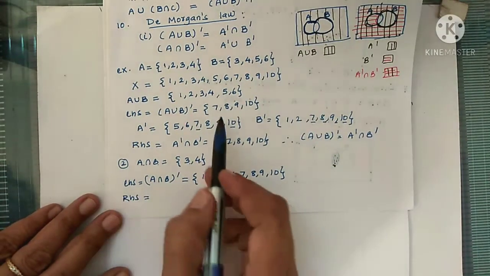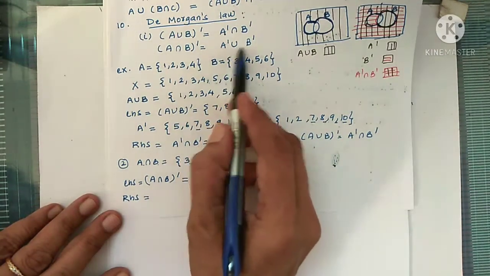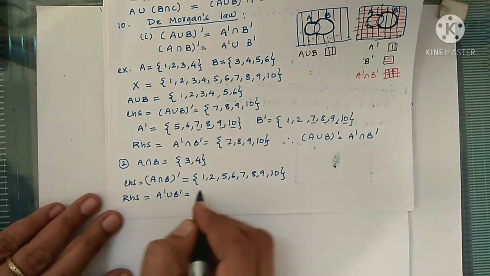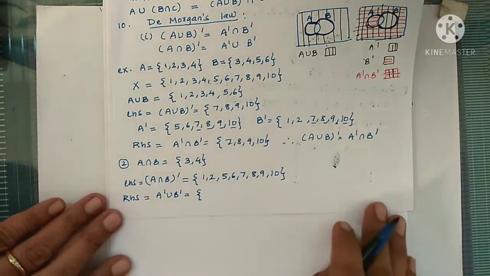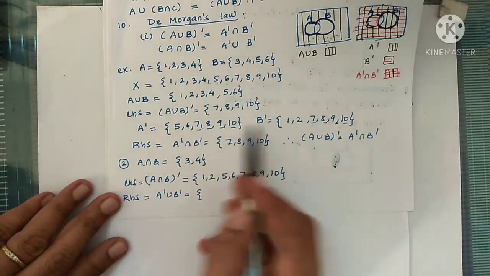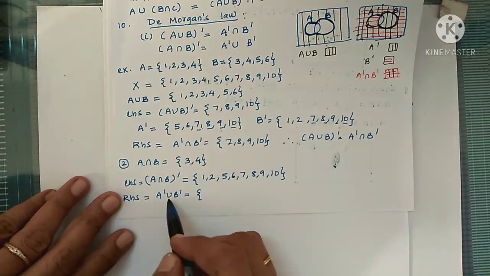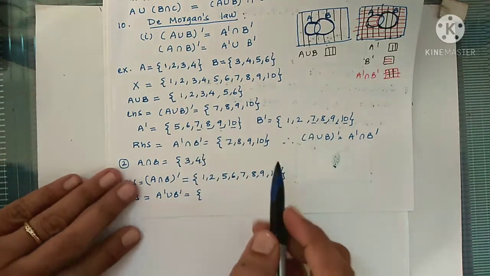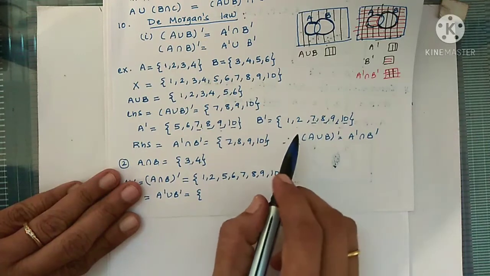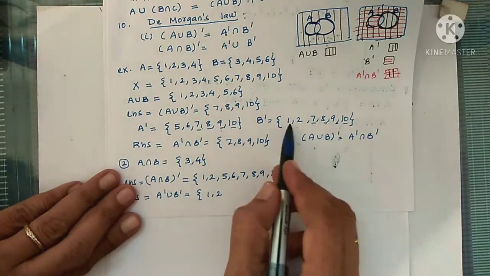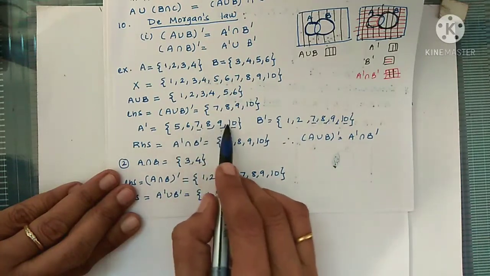Now the right hand side is A dash union B dash. We have already written A dash and B dash, so I am not writing those sets again. Union means we write all elements only once. Let's write in order: 1, 2, then 5, 6, 7, 8, 9, 10.